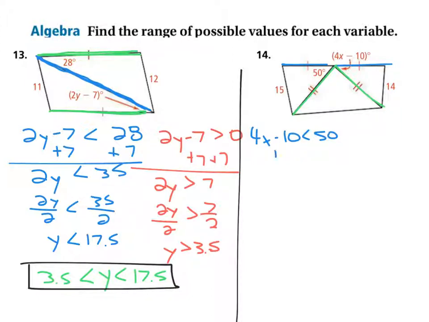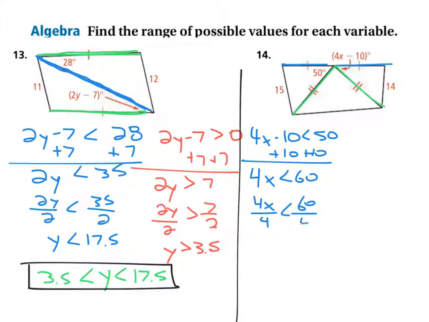And then we just solve it. We say plus 10, 4x is less than 60, and we divide that by 4, and we get x is less than 15. That's part of it, but we know this other bit too, which is that this angle here, whatever it measures, has got to be greater than 0.